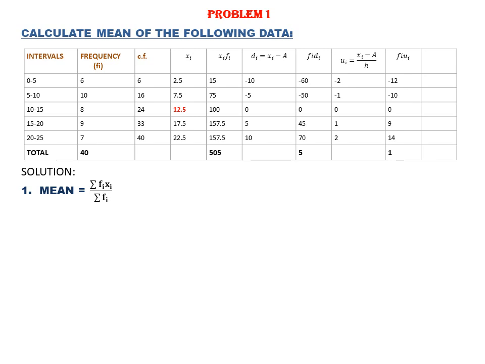So first one will be 6 as it is, then 6 plus 10 will become 16, 16 plus 8 will become 24, 24 plus 9 will become 33, 33 plus 7 will become 40. So that last number should be equal to the total number of frequencies. Okay, you should remember this, 40 should be equal to the total number of frequencies. Only then it means you have calculated the correct CFs.